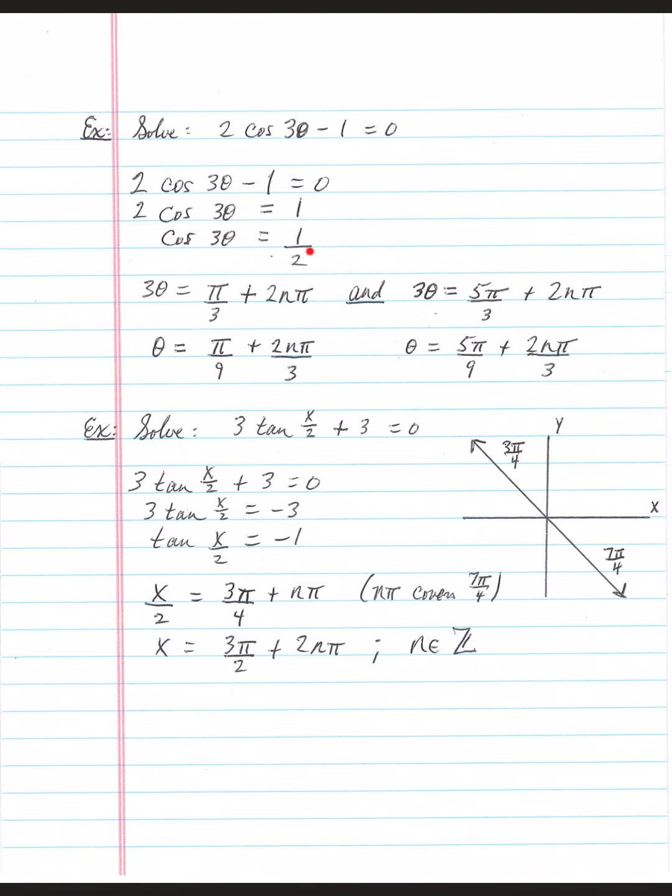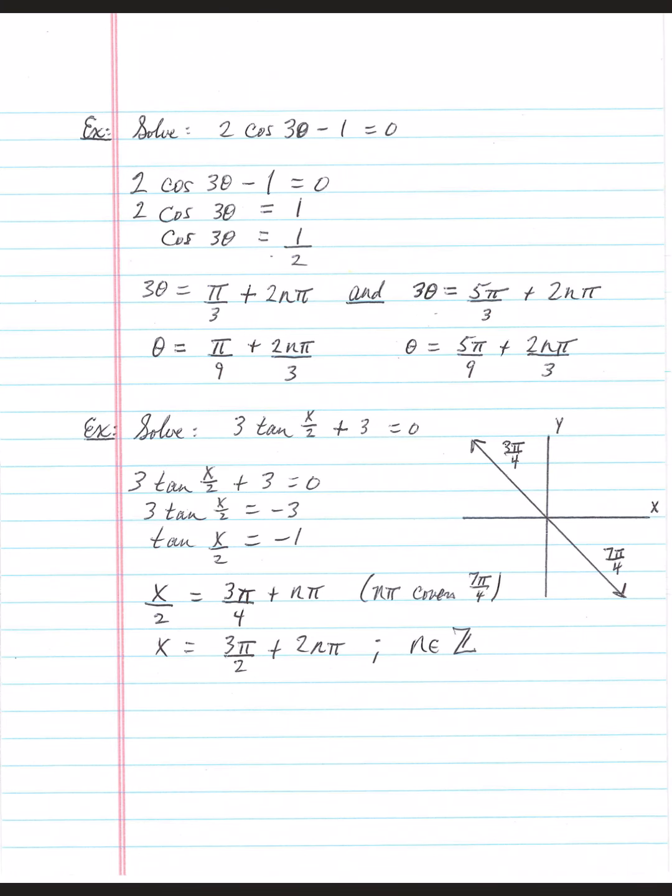Now, back to the unit circle, cosine is positive 1/2 at pi over 3, or any full rotation from that. Cosine is also positive half at 5 pi over 3, plus any full rotation from that location.